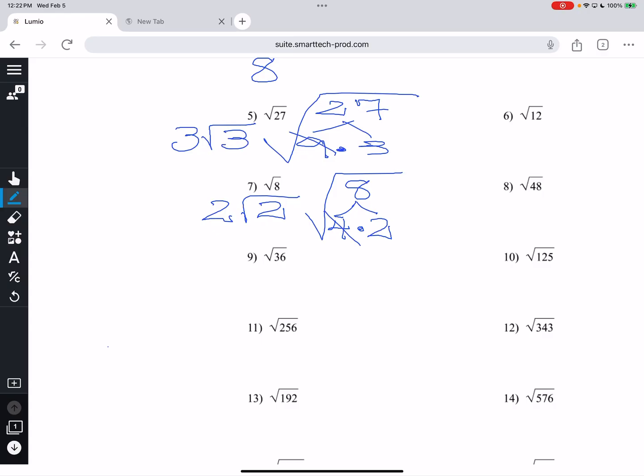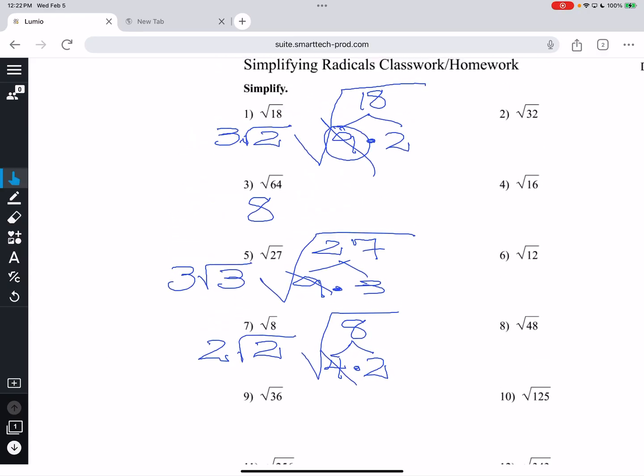And like when you look at number 3, we had radical 64. It doesn't come out as a 64. It comes out as its square root, which is 8. So the 4 doesn't come out as a 4. It comes out as its square root, which is 2. And then the left behind is the 2.